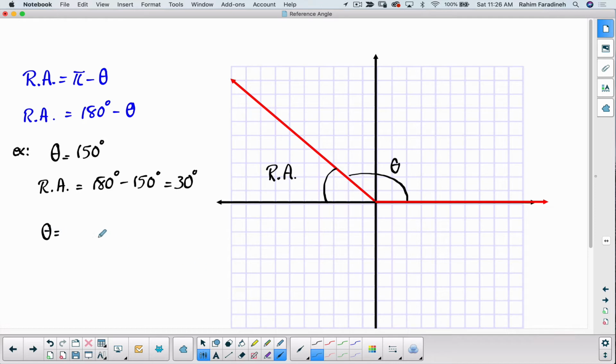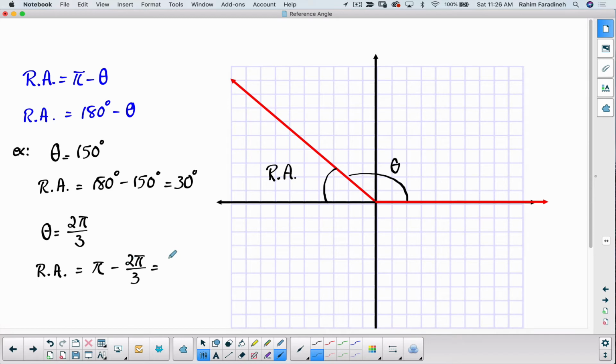If theta is, let's say, 2 pi over 3, then the reference angle will be pi minus 2 pi over 3.